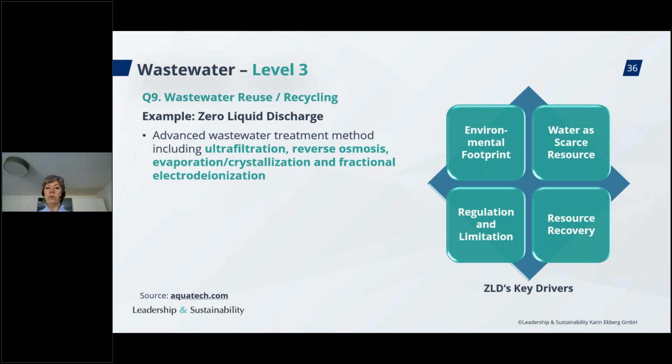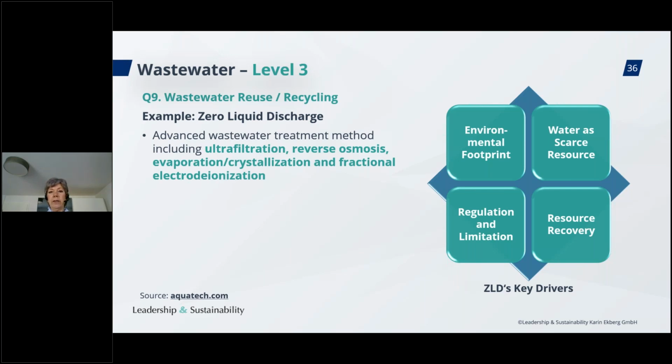That's why you need to have additional installations in order to treat your treated wastewater one step further. They may be a combination of several different treatment steps. It may be only one.